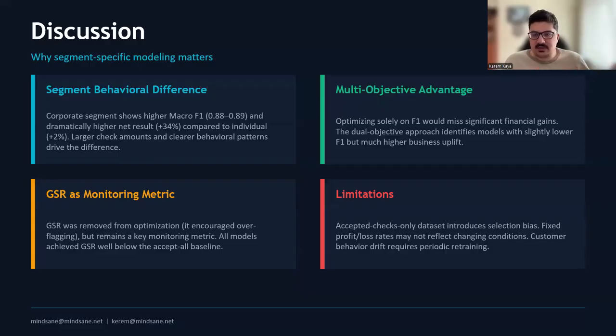We don't have those values because they were not given to us, which introduces a certain bias, of course. Also, our profit and loss rates are fixed, which may not reflect real-world conditions. And there's also the risk of customer behavior drift. In time, some things might change, and significant world events might also change the model's performance as well.